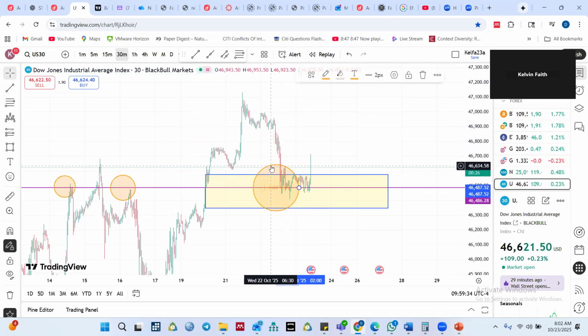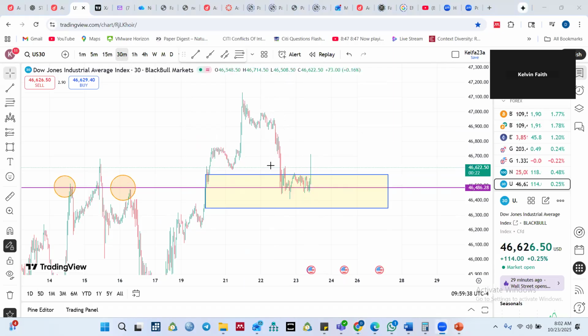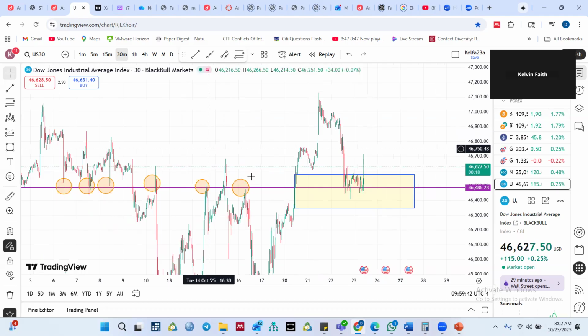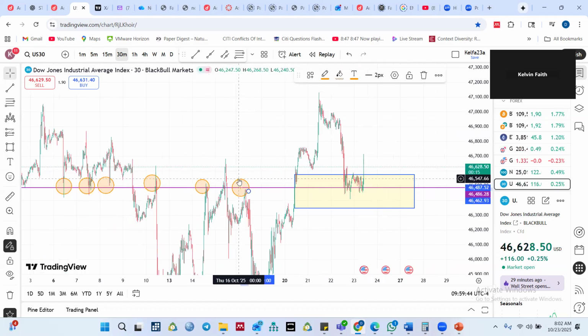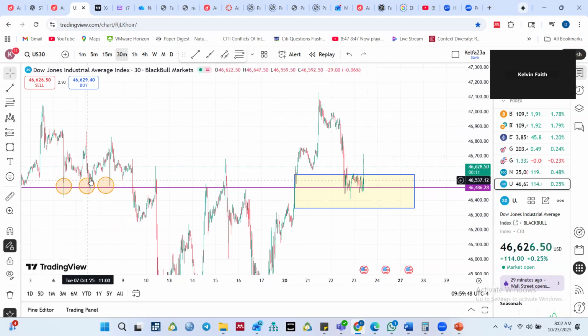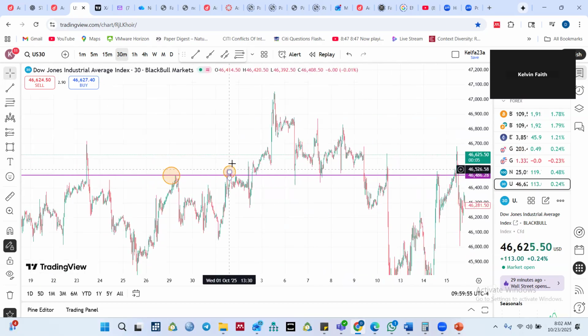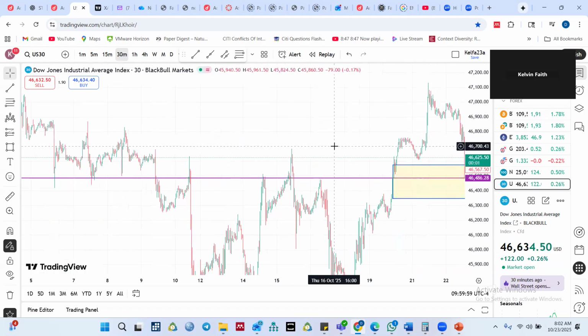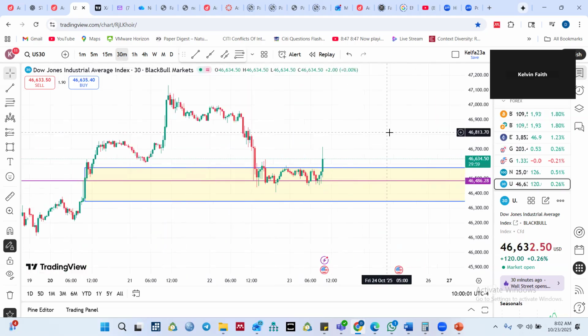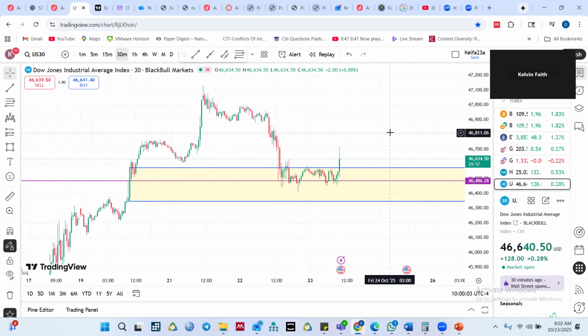At New York session, the first 30-minute candle is going to close in one minute's time. Sometimes I like even the first 1-hour candle to close so that I will see what price is doing and the manipulations it is going to give.